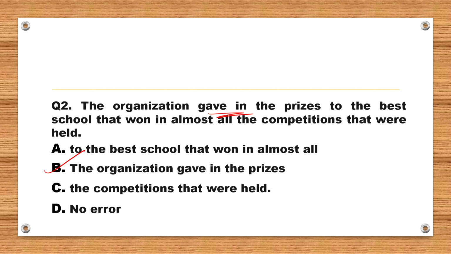The appropriate phrasal verb should be give away, which means to distribute. Hence, the correct sentence should be: the organization gave away the prizes to the best school that won in almost all the competitions that were held. Now, moving on.